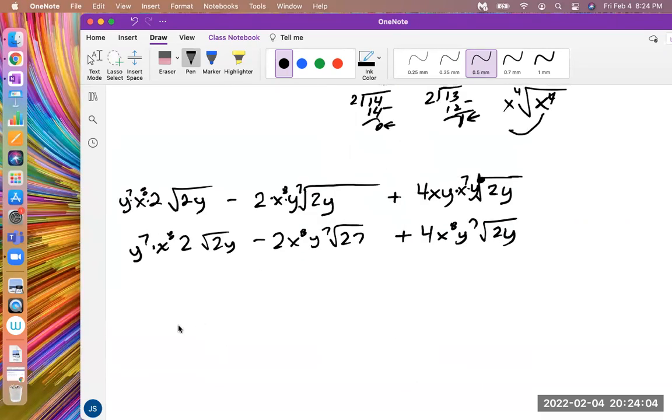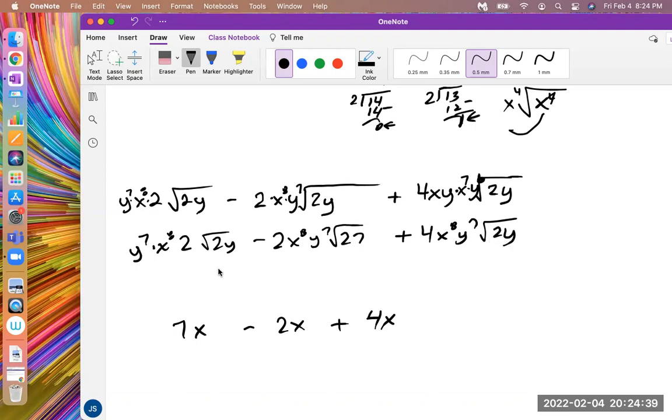So like if I have 7x minus 2x plus 4x, then I can combine all those like terms. I'm looking at this root 2y, I'm thinking that's a like term. I know it's a weird variable, but if I plug in something for x and y, I'm going to get a number, and it'll say I have this many of the 2y's minus this many of the 2y's minus this many plus this many of the 2y's.